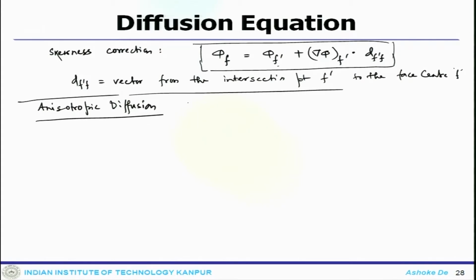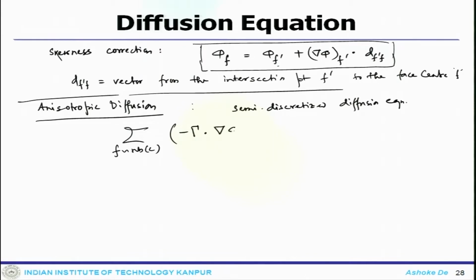So, if there is an anisotropy in the diffusion coefficient, our semi-discretized diffusion equation will look like the sum over faces of minus gamma dot del phi at f dot SF equals SC BC.